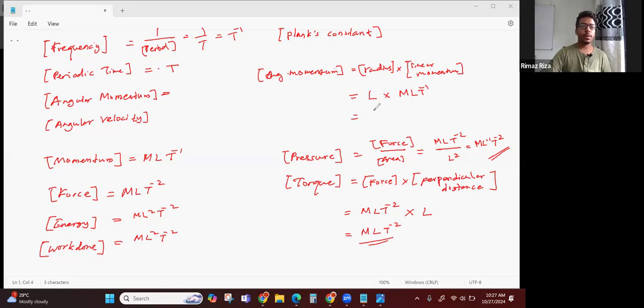So angular momentum is M L squared T minus 1.